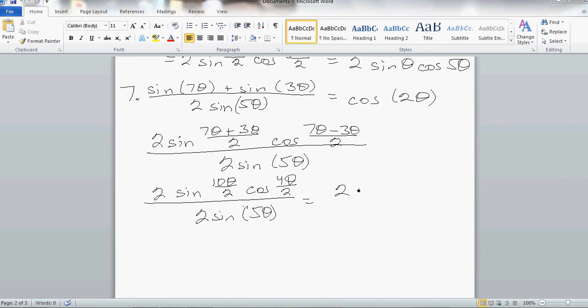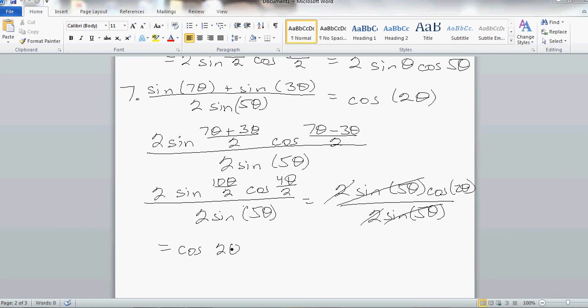This is 2 sine of 5 theta cosine of 2 theta all over 2 sine of 5 theta. Finally, I can do some simplifying. Sine of 5 theta and sine of 5 theta will cancel with each other, leaving cosine of 2 theta, which is exactly what we wanted it to equal, and so we are finished.